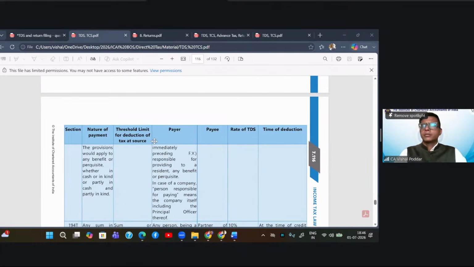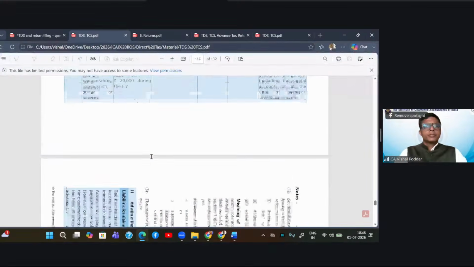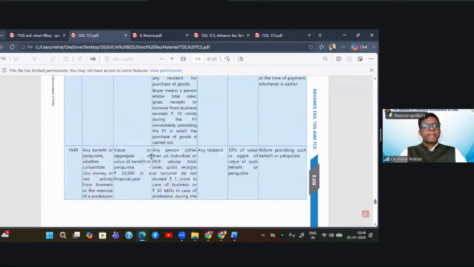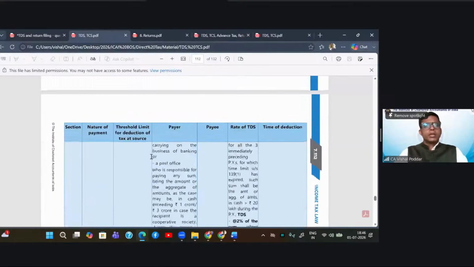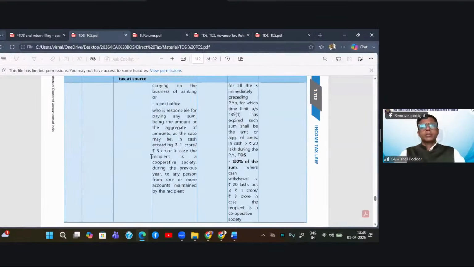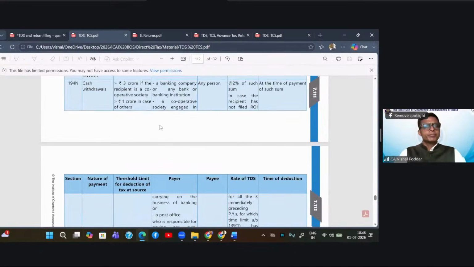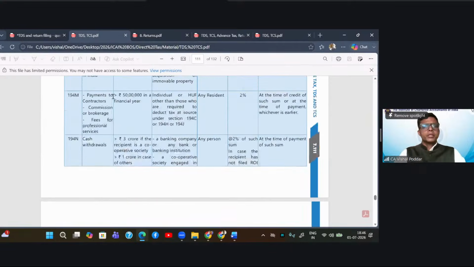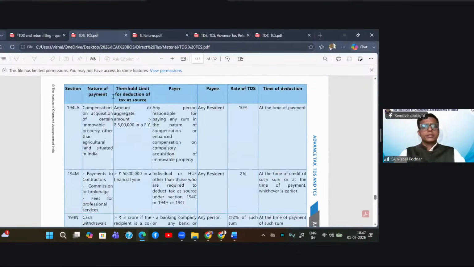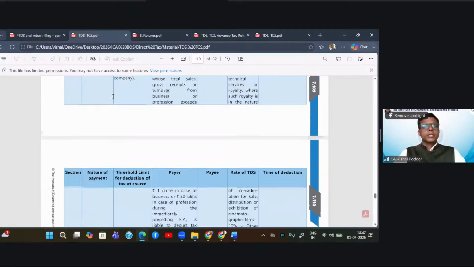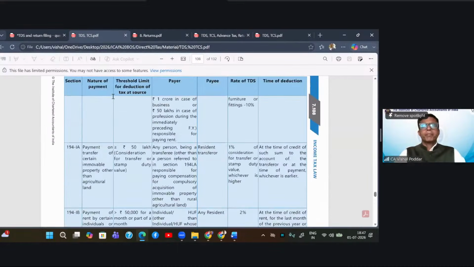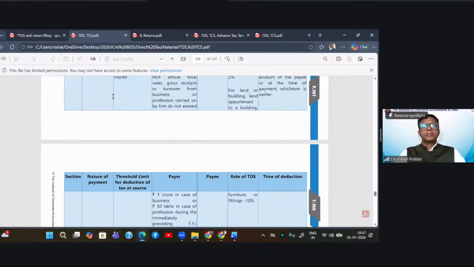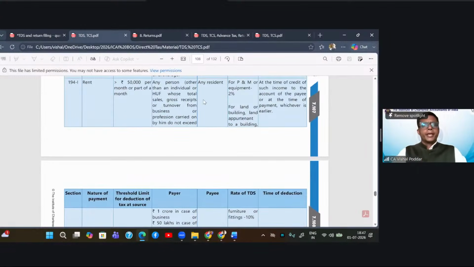Yeah, correct, Simran. So on the entire amount, the applicability will be 10% and not only on the difference. 194I. Fine. Okay. Let us proceed.